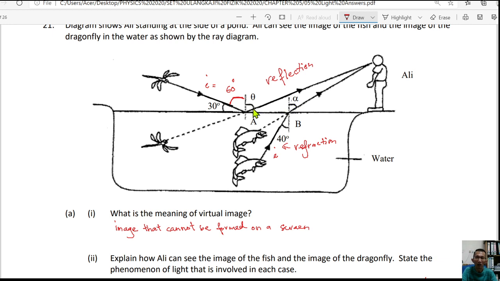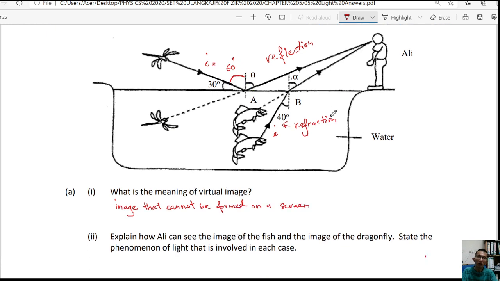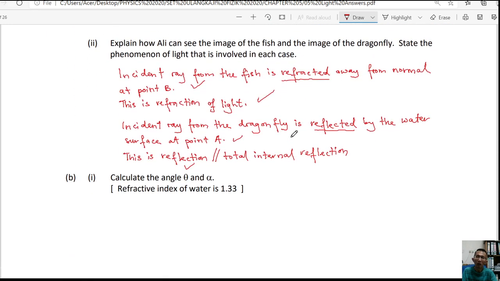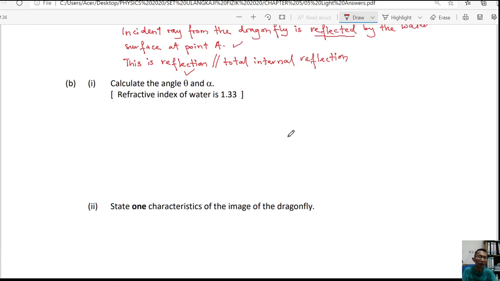Our theta is also drawn with respect to the normal. Let us continue on solving this. Just now our theta will be 90 minus 30, that will be 60 degree.